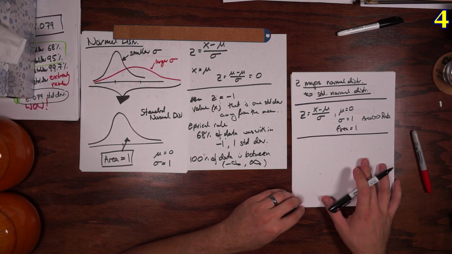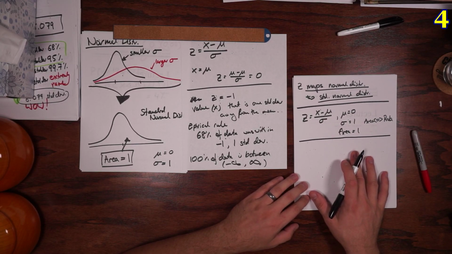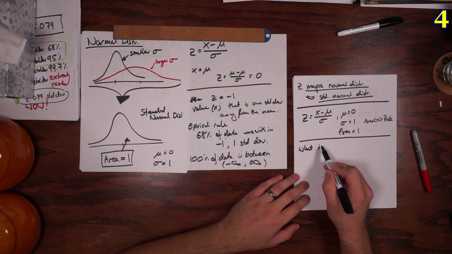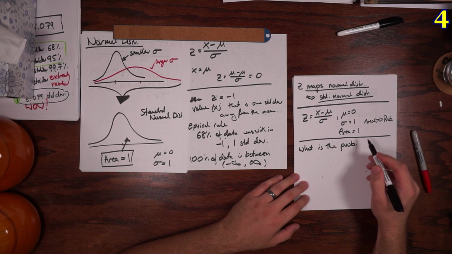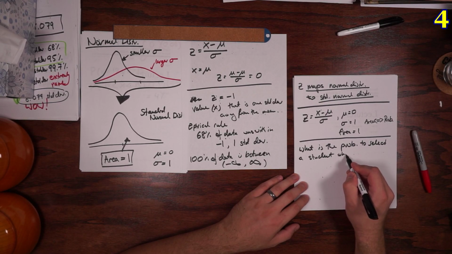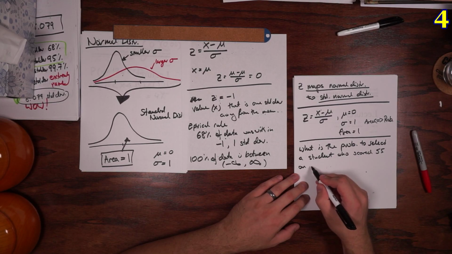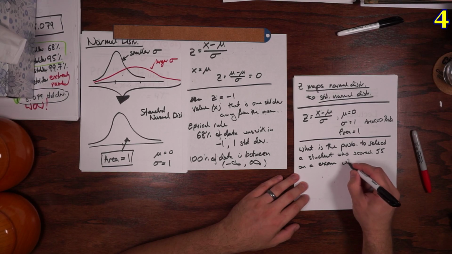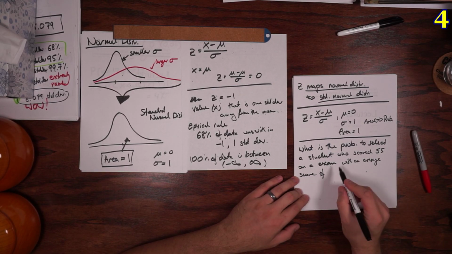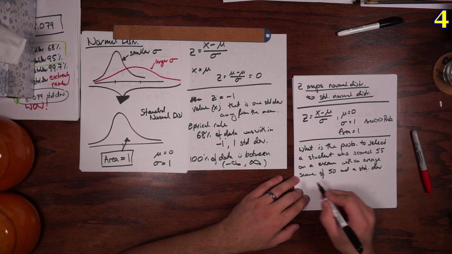how do we deal with this? Well, there are several ways we can approach problems like this. So for example, if I ask you what is the probability to select a student who scored 55 on an exam with an average score of 50 and a standard deviation of 2?